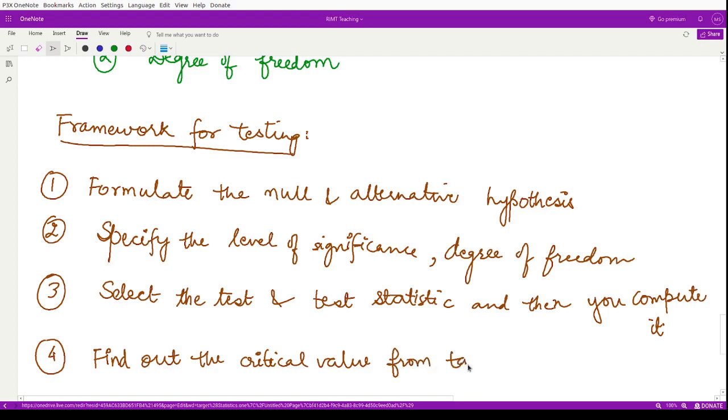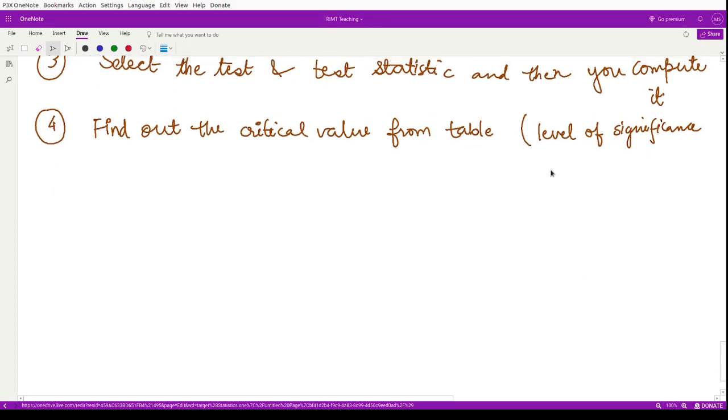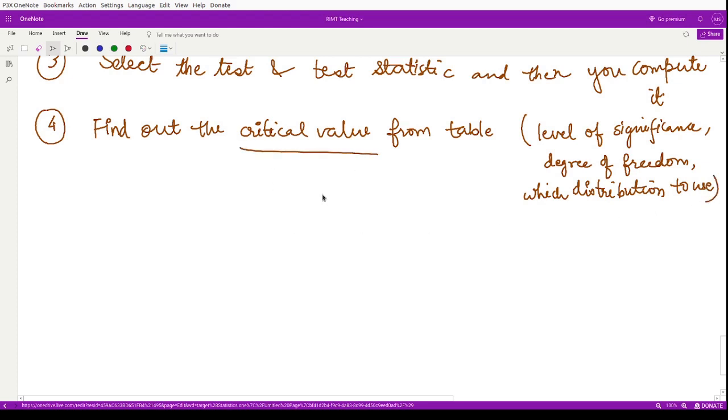For this, you would require the level of significance, the degree of freedom, and you should know which test you are using, that is, which distribution you are using. Based on that, you determine the critical value from the table.